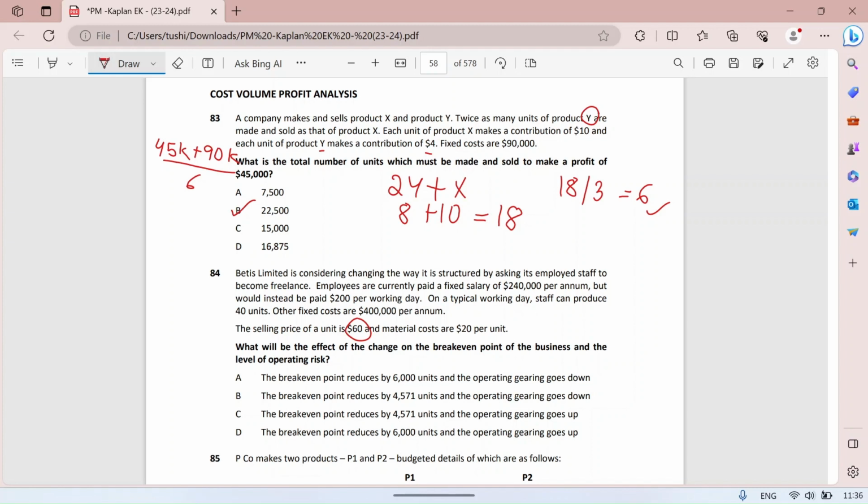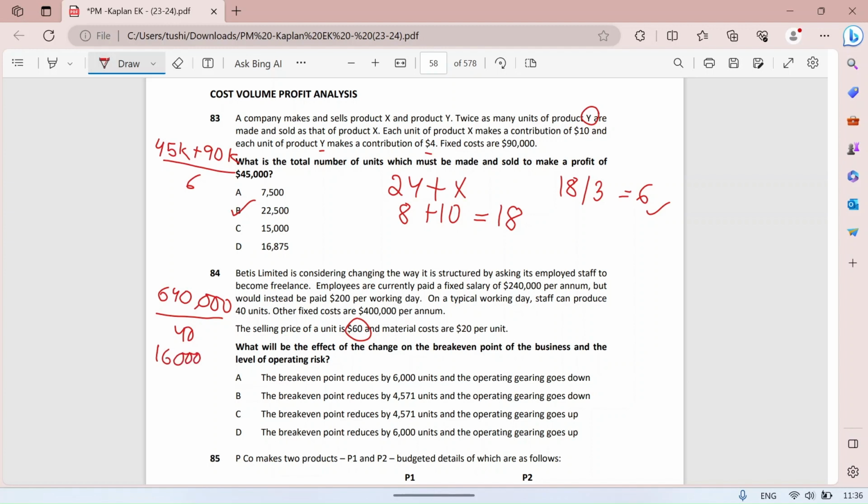Fixed cost is $400,000 plus your employees, who are also getting a fixed salary of $240,000 per annum. So my fixed cost becomes $640,000, and then I divide that by the contribution, which is 60 minus 20, that gives me 40. So my current break-even is at 16,000 units.